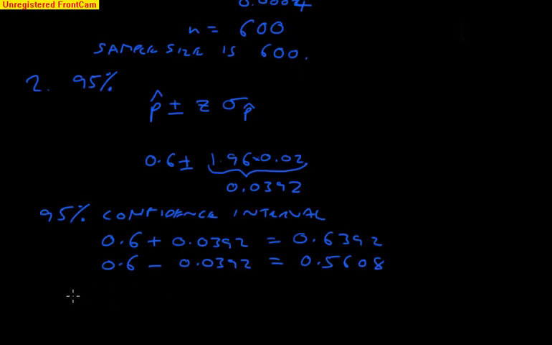So I've got the range from 0.5608 to 0.6392, and that means that I'm 95% confident that the actual population mean, or population proportion, will come within this range.